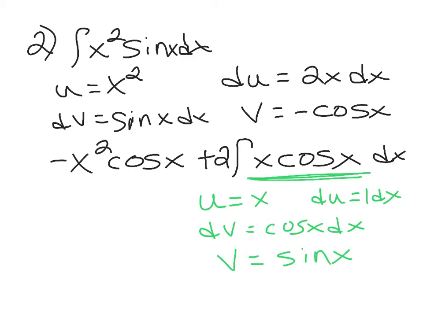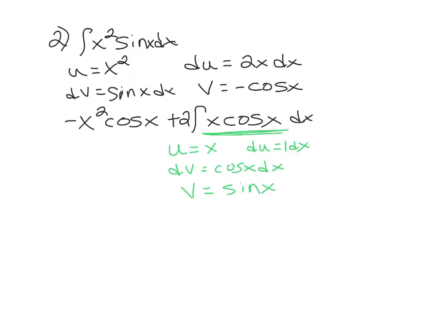Okay, so now I got to scooch and get me some room. Okay, so I got myself a little more room. So now don't forget to recopy that entire first part that you already did. So you've got negative x squared cosine x.